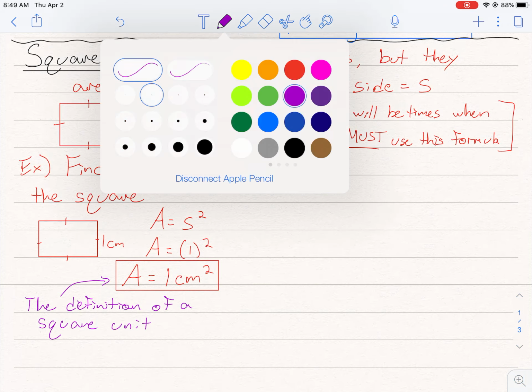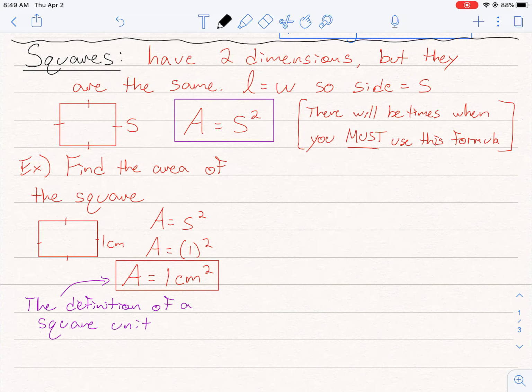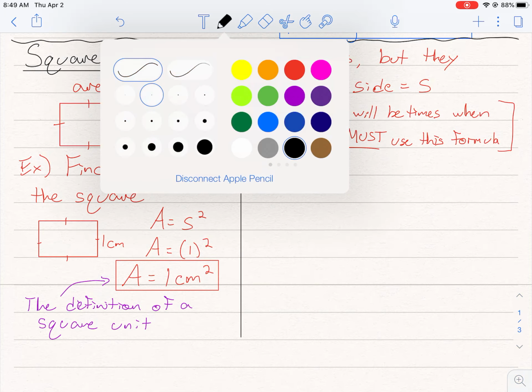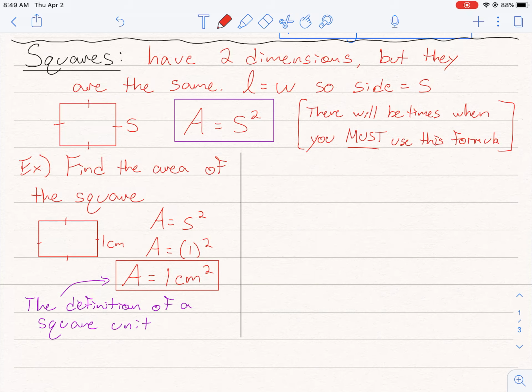So this is a square unit. 1 centimeter by 1 centimeter makes 1 centimeter squared. I'm going to put another divide line here for another example. And this is one where you're actually going to have to use the formula.